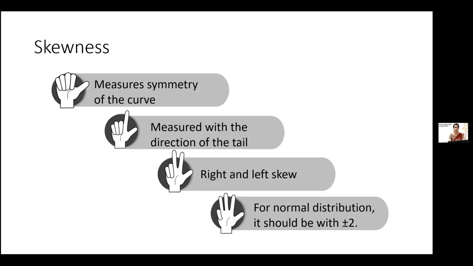For skewness, it measures symmetry, and if the value of the skewness is within ±2, then it is normally distributed data, because I said that this is an objective, numerical way of testing normality. So you have got a value. If the value is less than that, it is normal. If the value is more than that, it is not normal. We call it not normal. We don't call it abnormal.